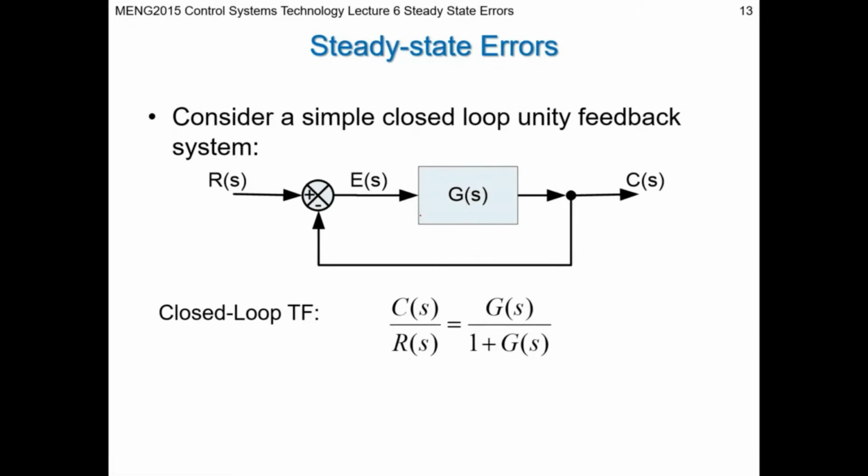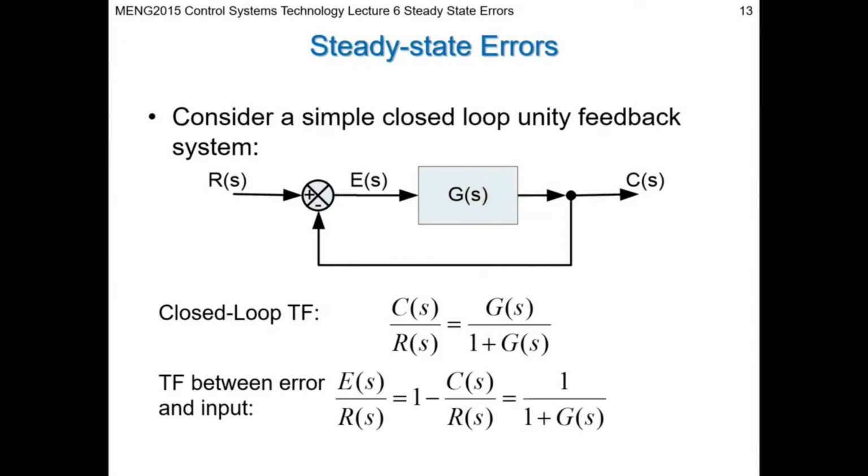It's always going to be forward path over 1 plus open loop, right? So the forward path is G(s), our open loop is also G(s). This is because it's a really straightforward, simple closed loop system. So that's what we have here.